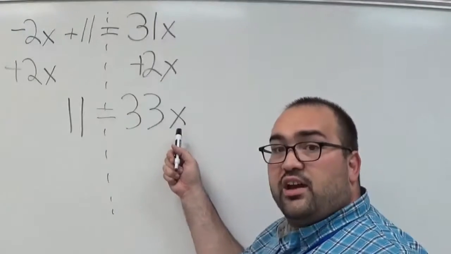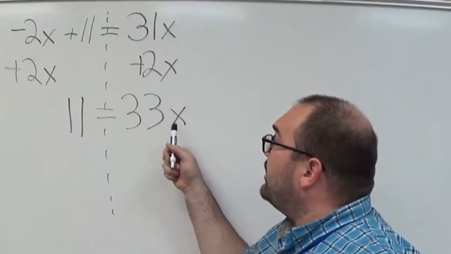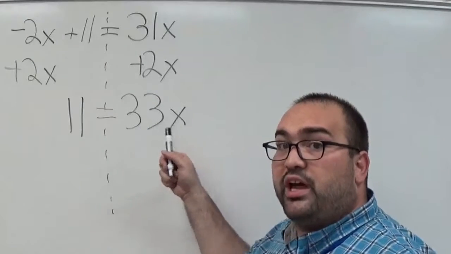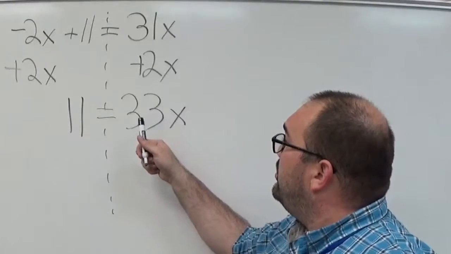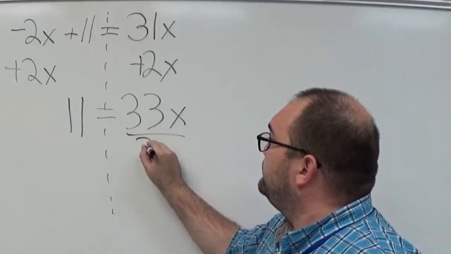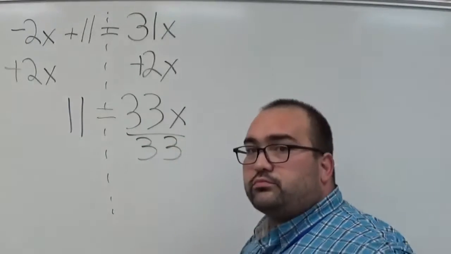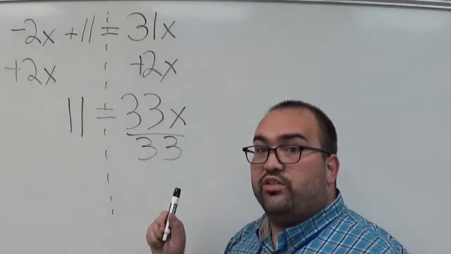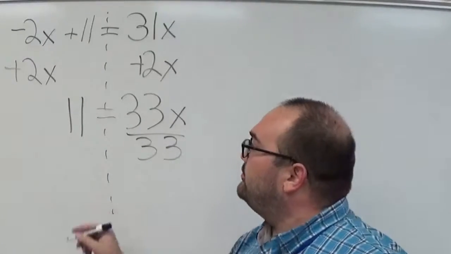To get this x all on its own, we're going to get rid of the 33 that's multiplied to it. To get rid of the 33, we're going to divide by 33. Again, whatever you do on one side, you do to the other side.